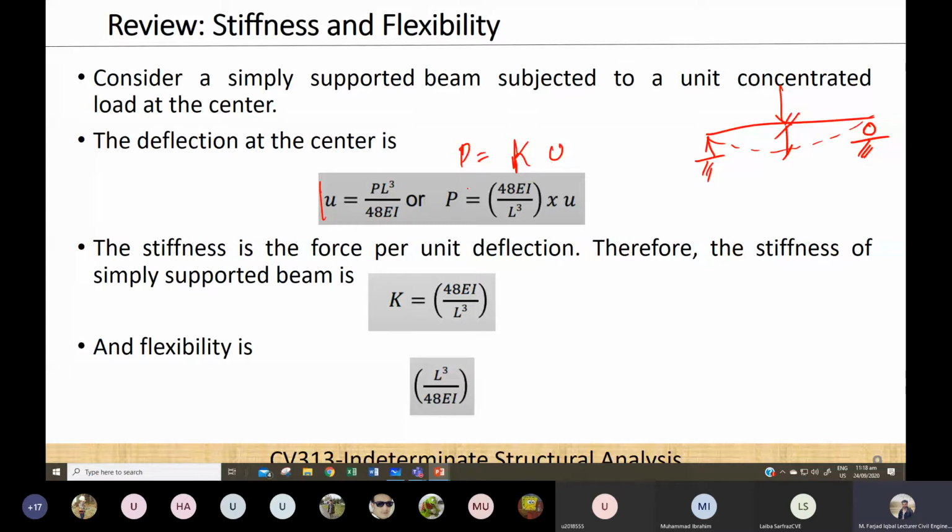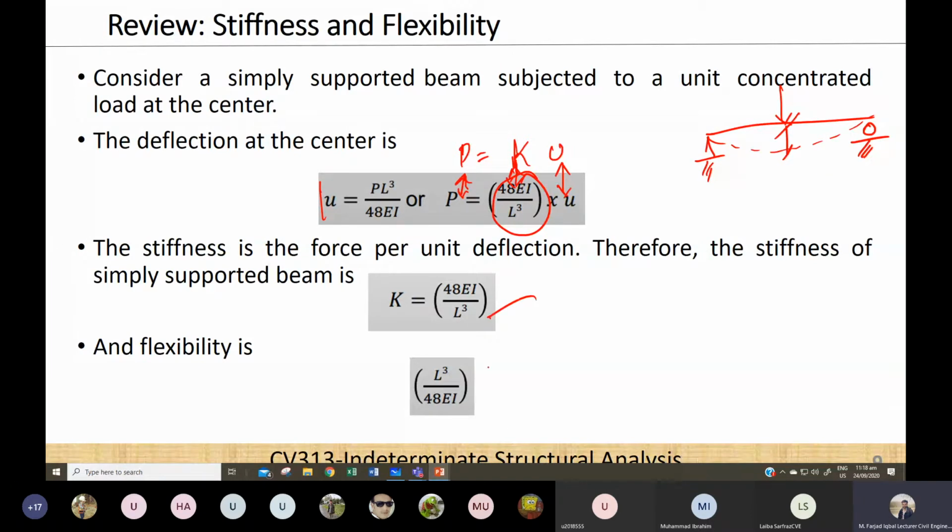So from this analogy, we can say that this factor of 48 EI over L cube represents the stiffness of this simply supported beam on which the load is acting at the center.